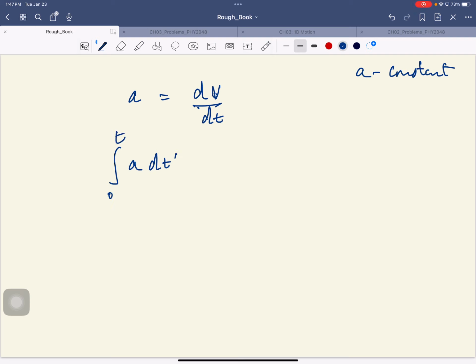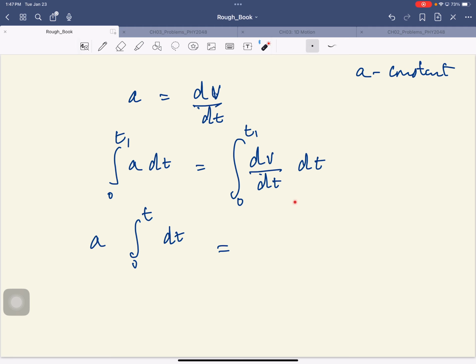We'll call it T1. Everybody agree with that? Acceleration is constant, meaning it's not a function of time, so we'll pull that out, and so that is dt.